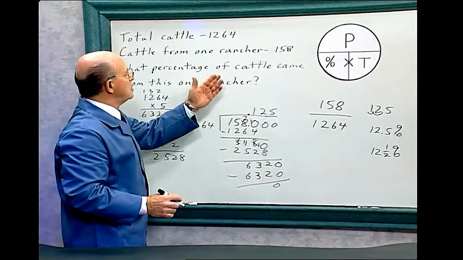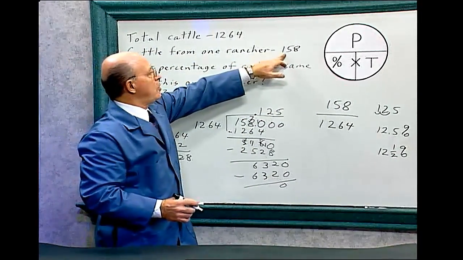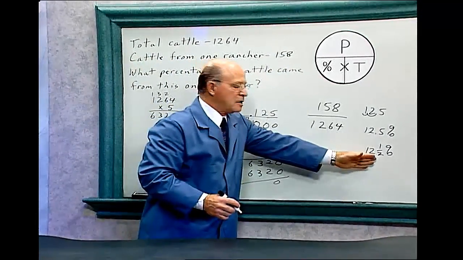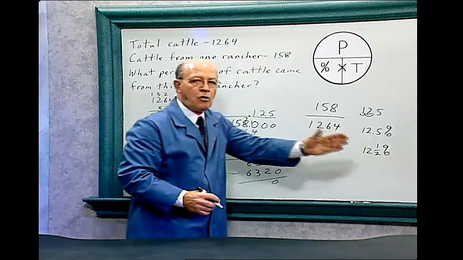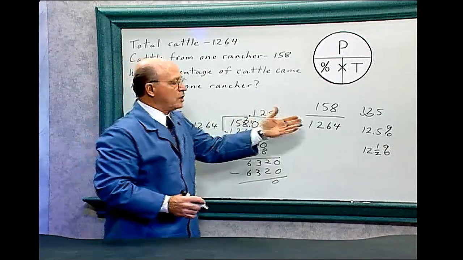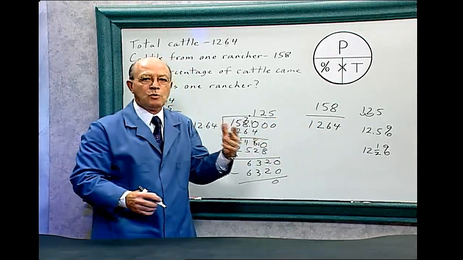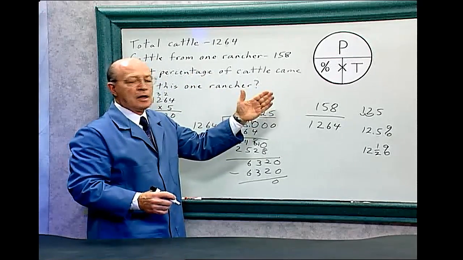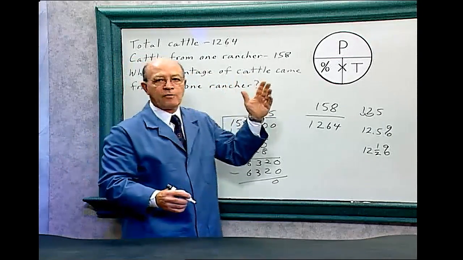So the rancher, by bringing 158 cattle, brought 12.5% of the cattle. And I know that 0.125 is actually 1/8. 1/8 of all the cattle at the auction came from that rancher.